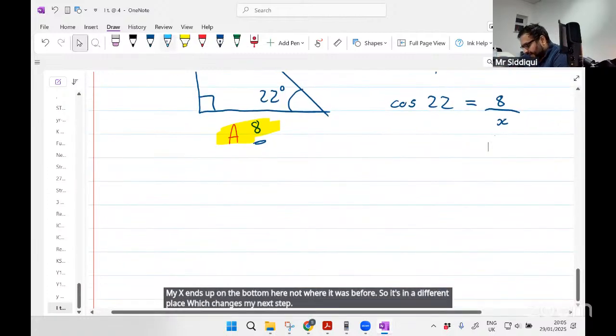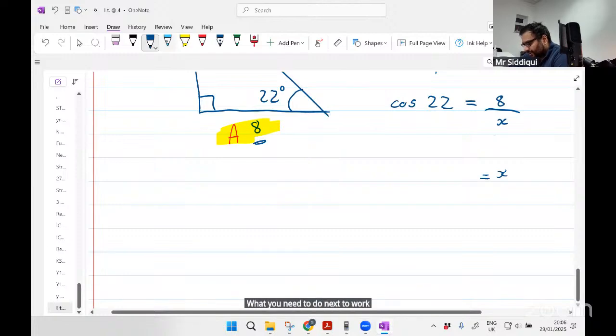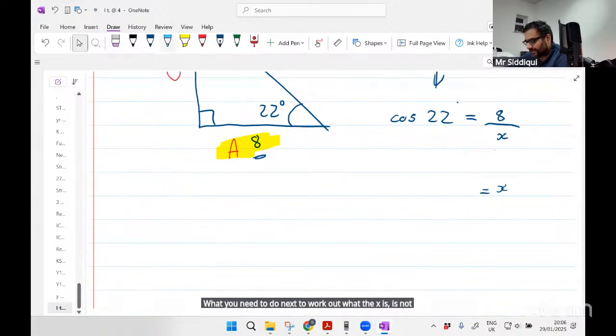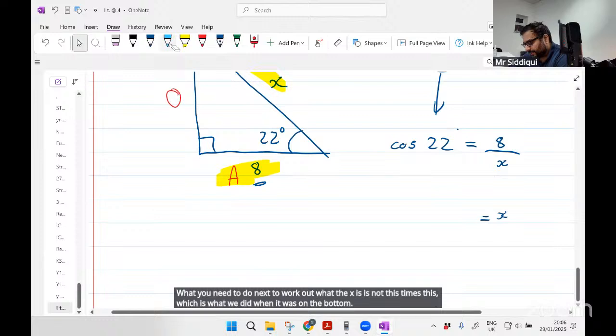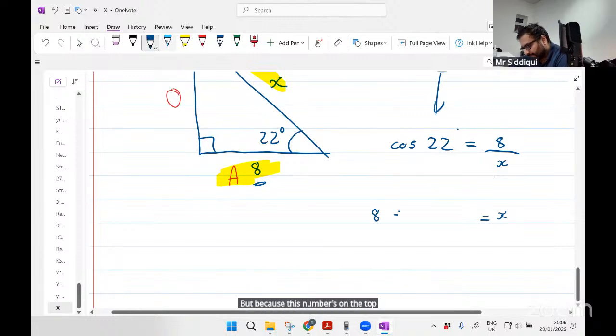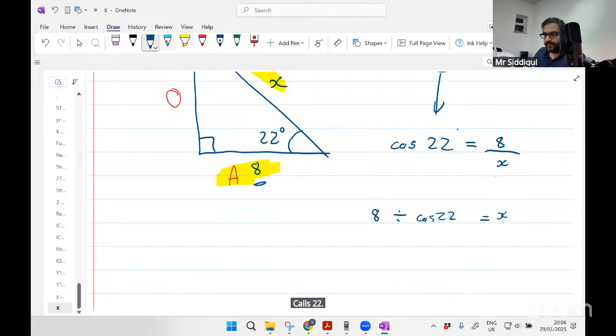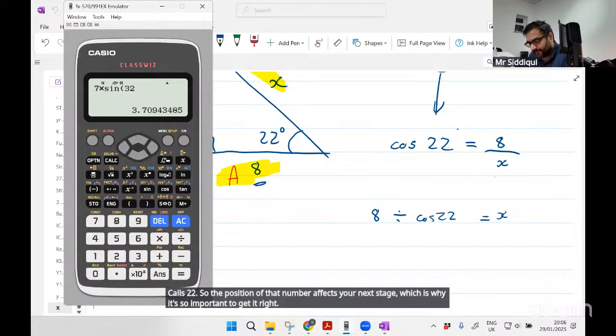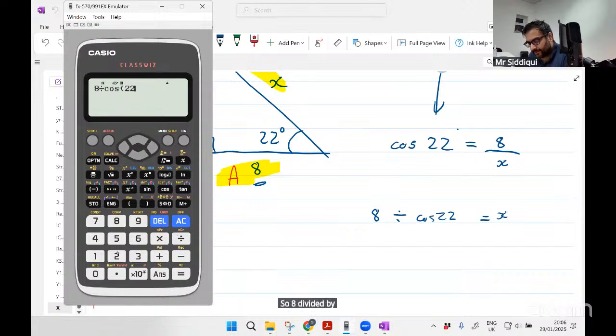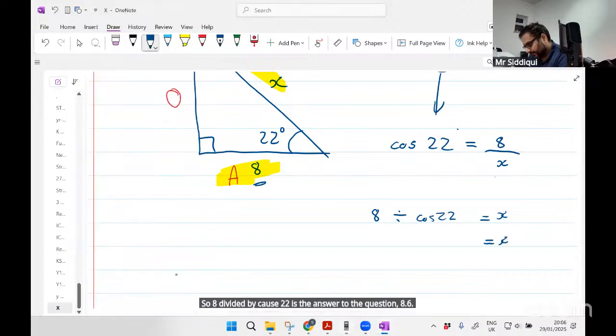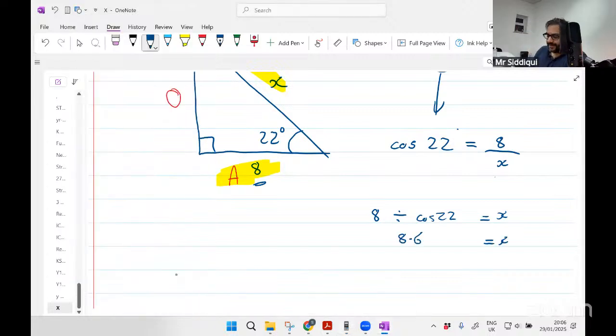Because this number's on the top now, you do 8 divided by cos 22. So the position of that number affects your next stage, which is why it's so important to get it right. So 8 divided by cos 22 is the answer to the question, 8.6.